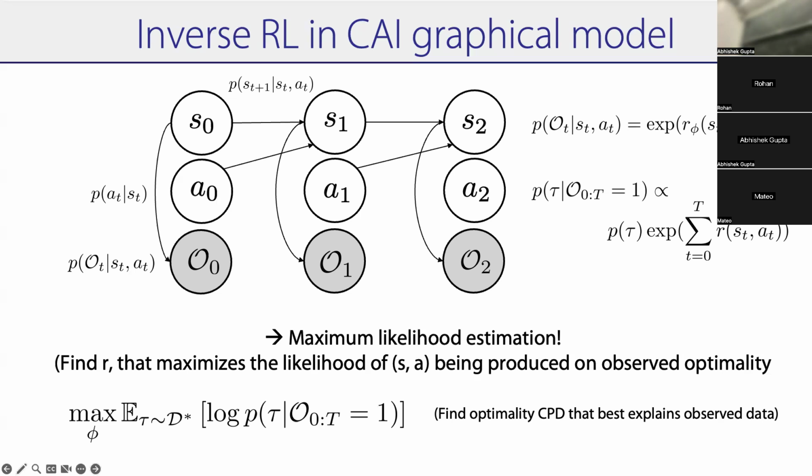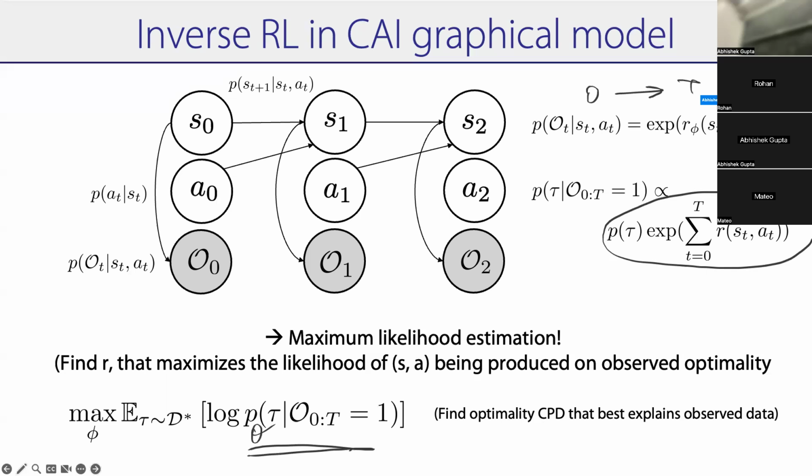Normally in supervised learning, you would parameterize this by some theta. You learn a neural net or something that goes from X to Y, and then you learn the parameters of the neural net directly. Here it's a little more complicated parameterization, so it's going to look a little different than supervised learning. Basically, I'm not directly learning something that takes an optimality and gives me a trajectory.